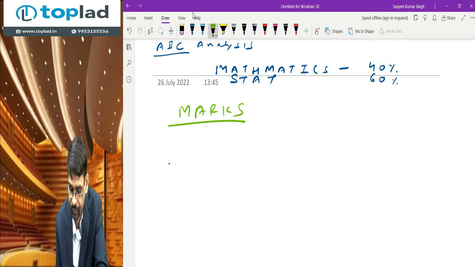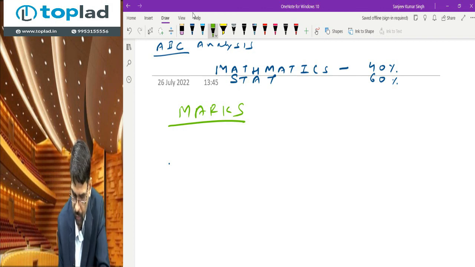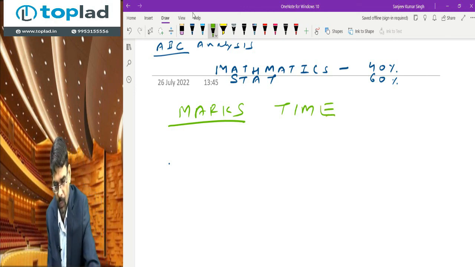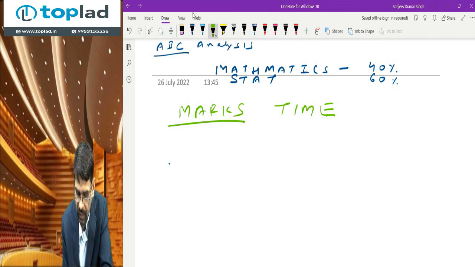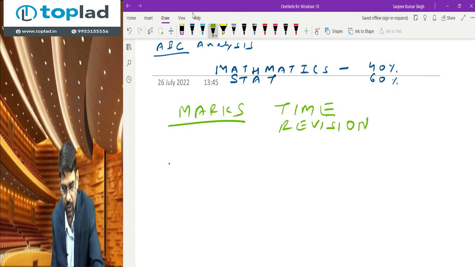Marks, time. The relation between marks and time. Time means revision time.